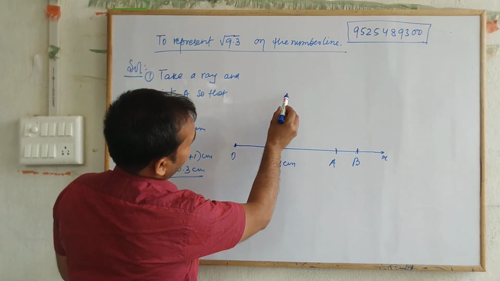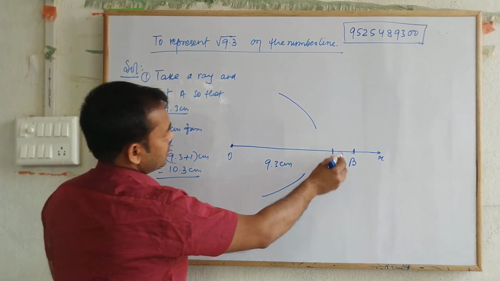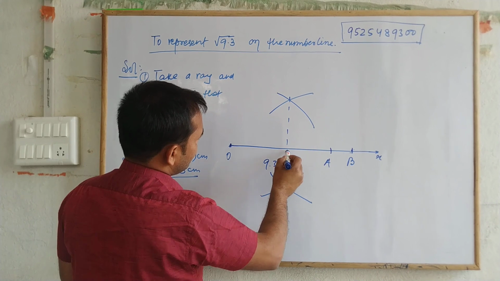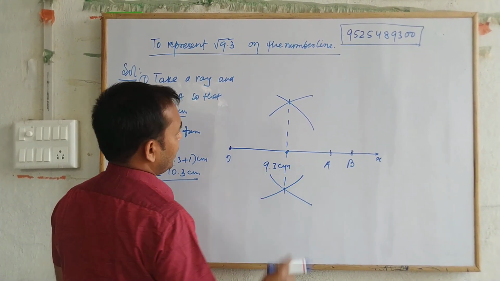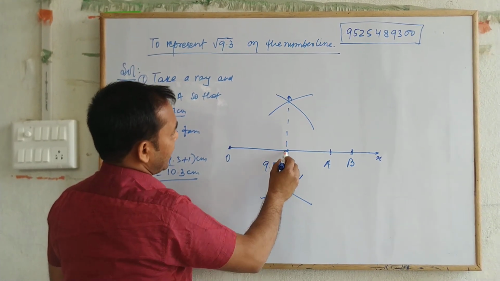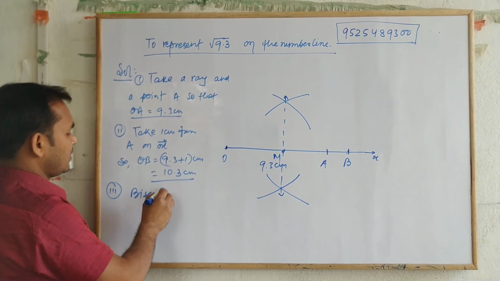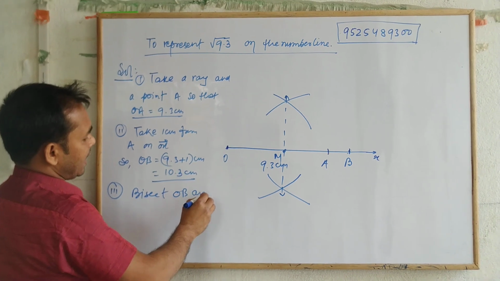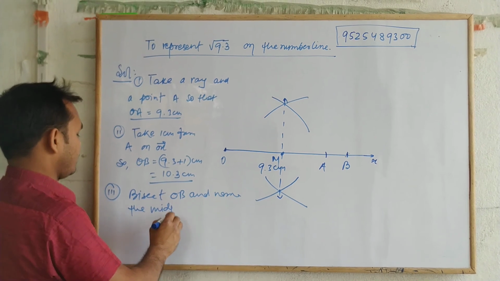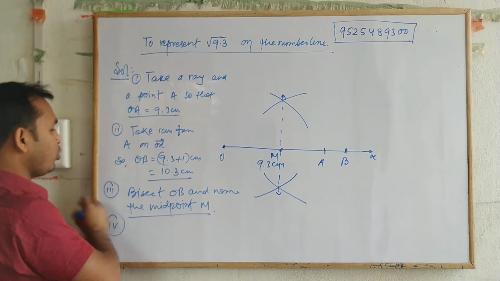From O and from B, bisect OB in such a way, and draw the dotted lines to obtain the midpoint of OB. Name this point M.